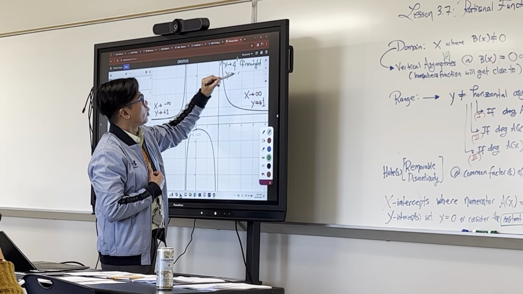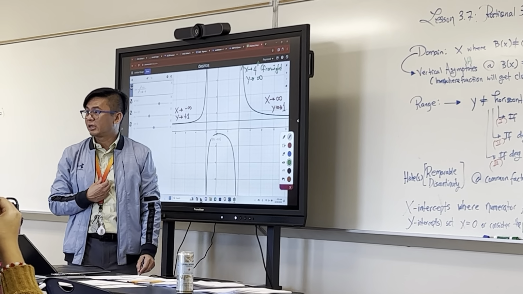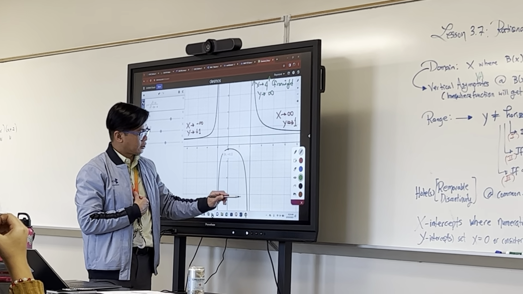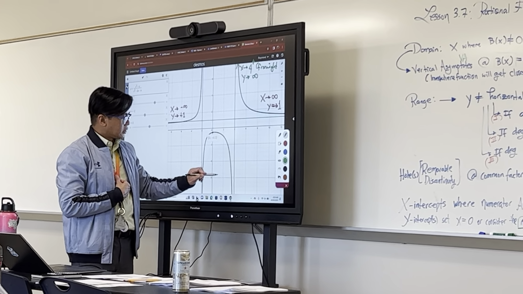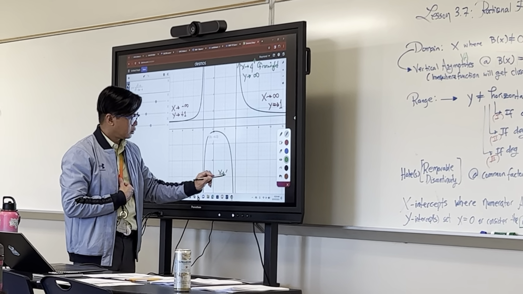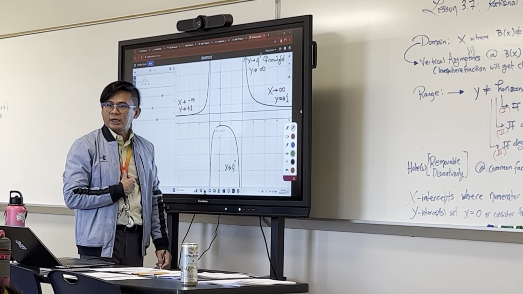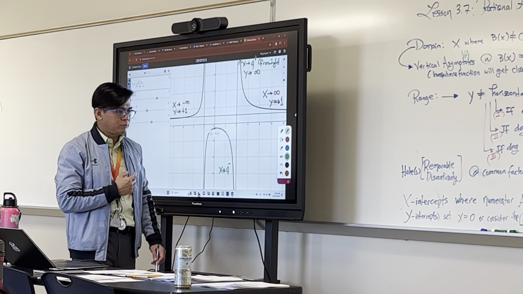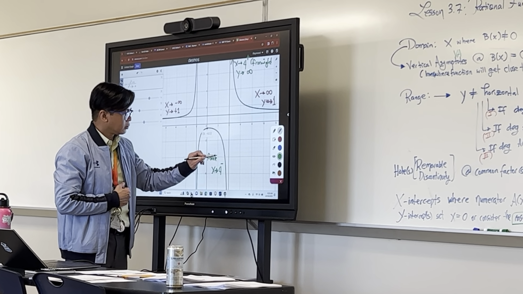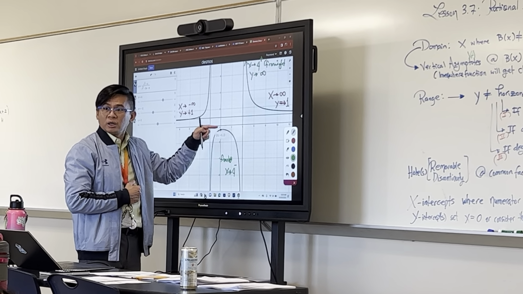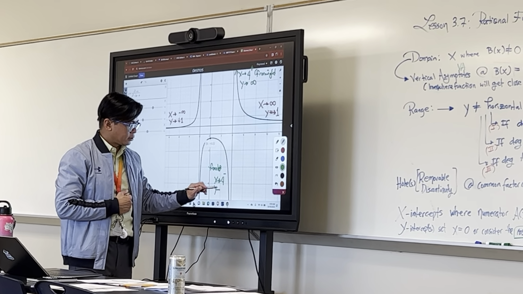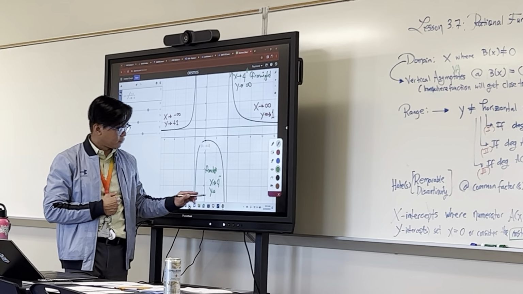Up, so your y goes to infinity. Now, from the left of 4, as x goes to 4 as well, but this is minus. The notation minus means from the left side. Your y goes where? Up or down? Down.